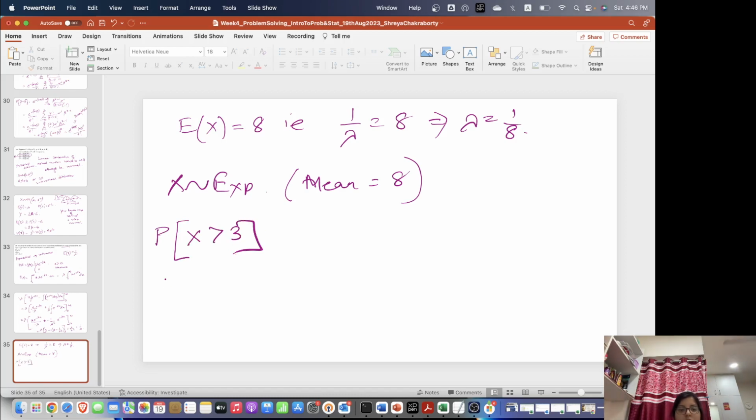Okay, so we will first find the probability x less than or equal to 3. That will be the integral from 0 to 3 of lambda, that is 1 by 8, f(x) dx.